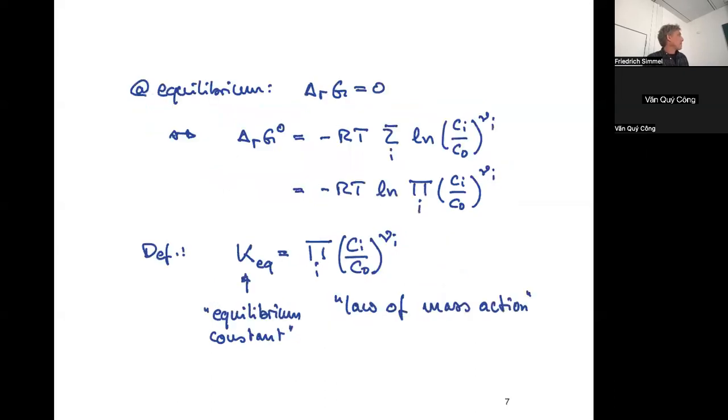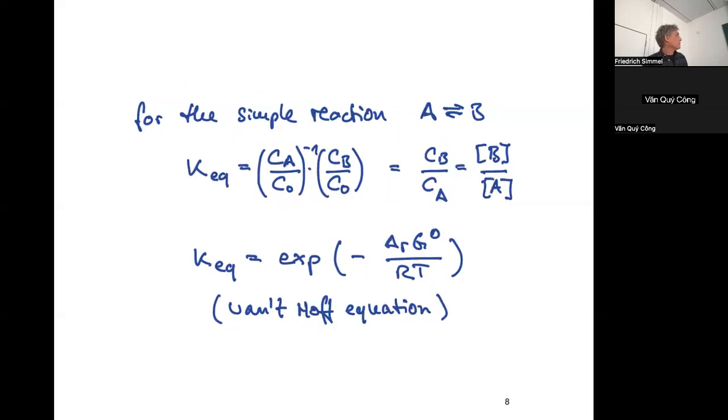If you solve this equation here for the equilibrium constant, you get this. And it essentially tells you that the equilibrium constant is e to the minus delta, the standard free enthalpy change divided by RT. And now the important point is that this really must be the standard free energy.